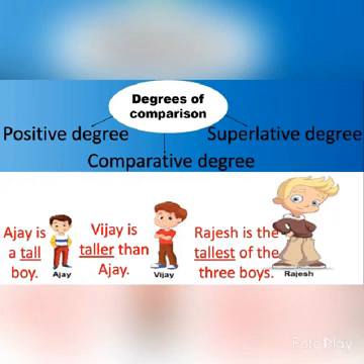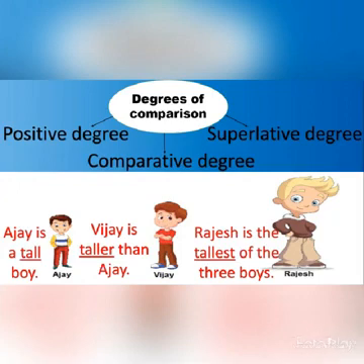Look at the example. Here you can see on your screen there is a picture of 3 boys, Ajay, Vijay and Rajesh. And I have written a sentence over there. For the first one, I have written that Ajay is a tall boy.